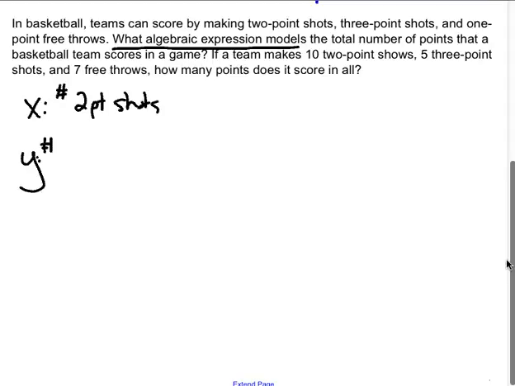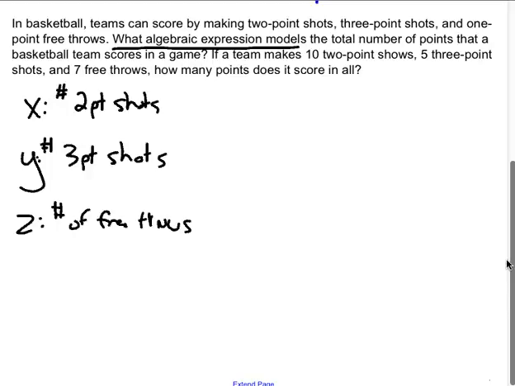Y is going to be the number of 3-point shots. And Z is going to be number of free throws. So, and here, I'll write that a little bit nicer for you. Free throws.